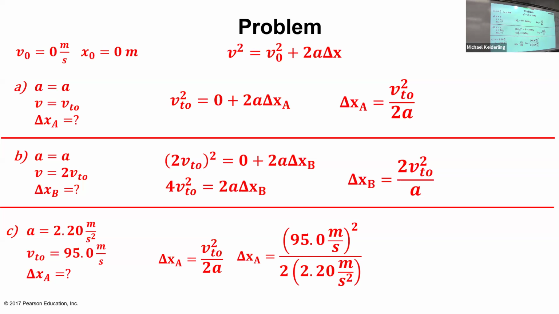So 95 squared over 2 times 2.2, so it's 95 squared over 4.4. That comes out to 2,051 meters. That's your minimum run. Probably want something longer.